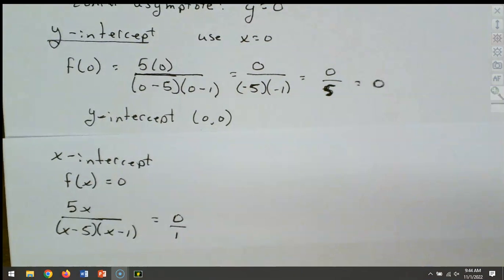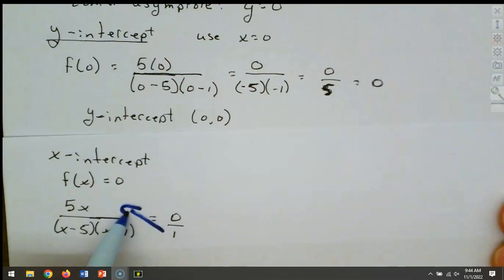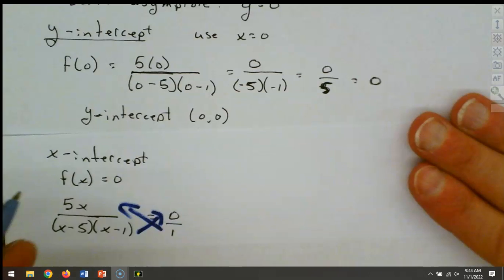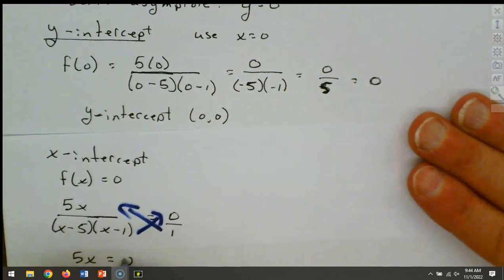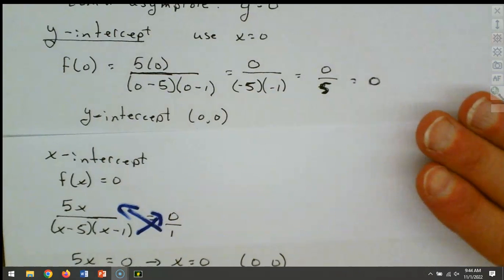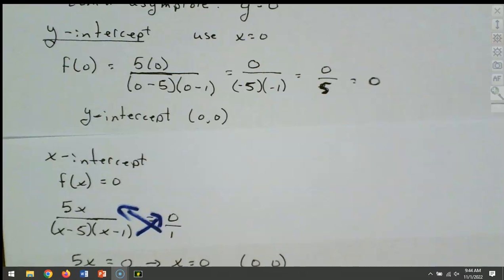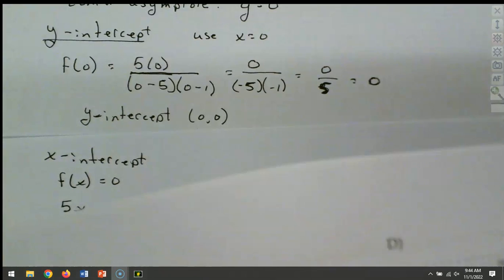And we're just going to simply cross multiply. And when we do that, we have 5x equals 0. So that gives me x equals 0 again, which is the same 0, 0. So it should never cross the x-axis at all, except at that 0, 0.